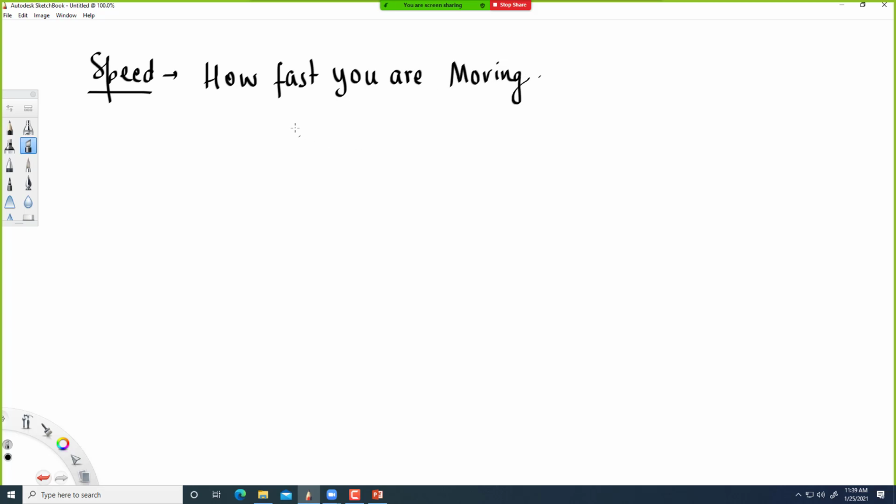Whenever you see the word fast in physics, we use the term rate. We call this rate. And moving means changing position.